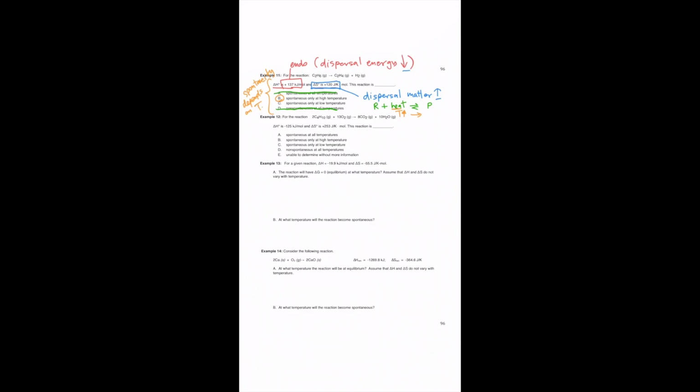For example 12, we see that the delta H is negative. It tells us that this reaction is exothermic, which indicates that the dispersal of energy increased because it is dispersed throughout the surroundings, not concentrated within the system. And if you look at the sign of the entropy change of the system, this one tells us about the dispersal of matter, and we can see that the dispersal of matter is also increased.